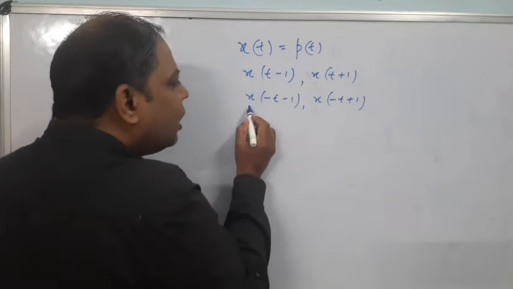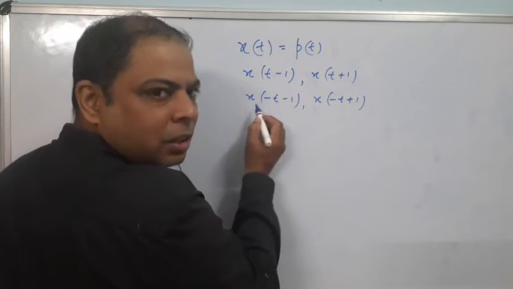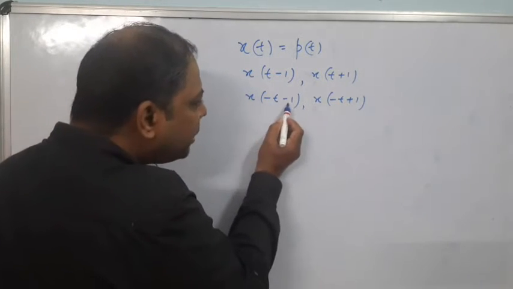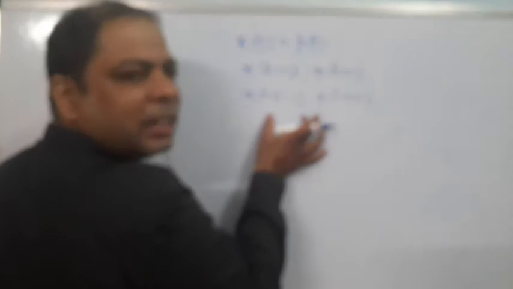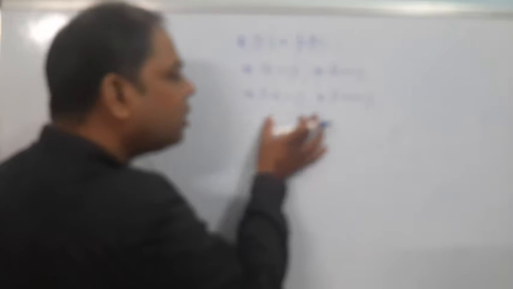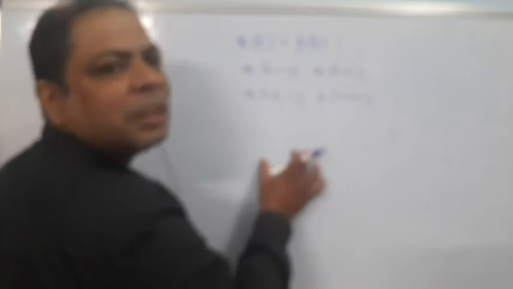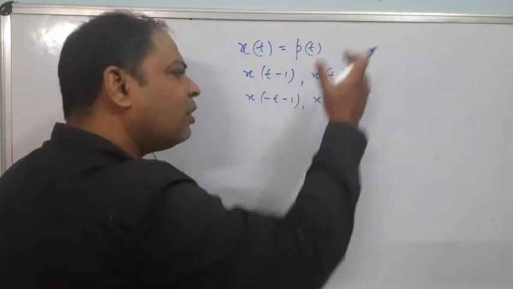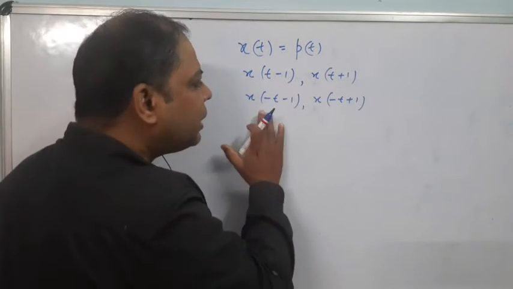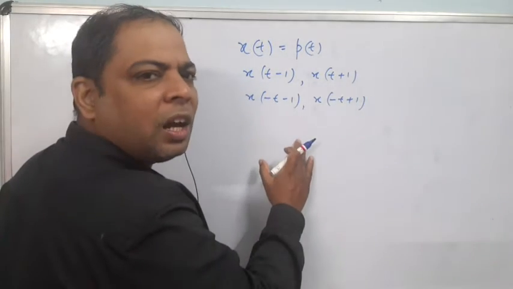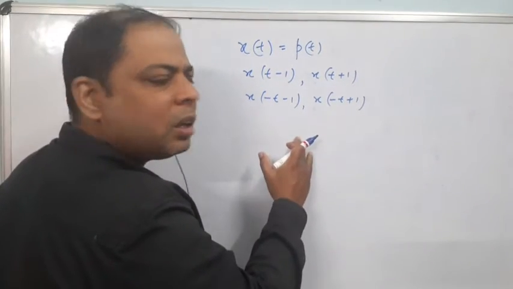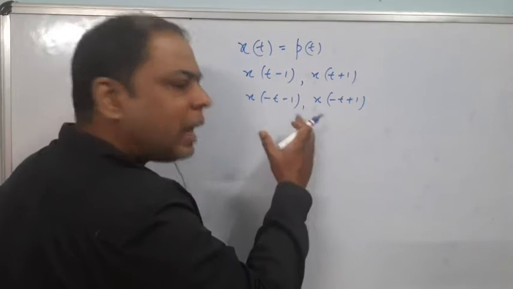Actually, here there are two operations. One is shifting, other is folding. Here also shifting, folding. But in this case I am covering it because students have confusion in these types of operations. So that's why I am discussing under this shifting case. Again and again also in my future videos I will discuss, when I complete all these operations, that means shifting, folding, time shifting, time folding, time scaling.